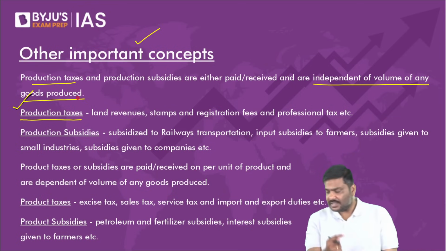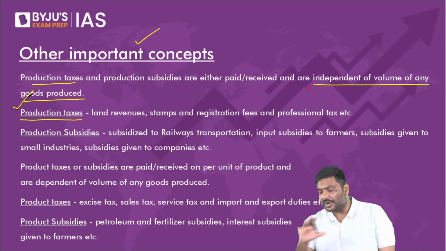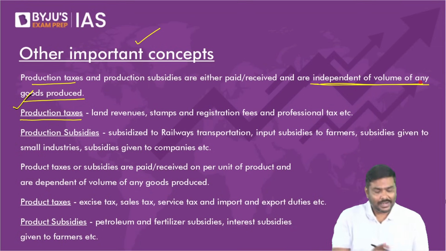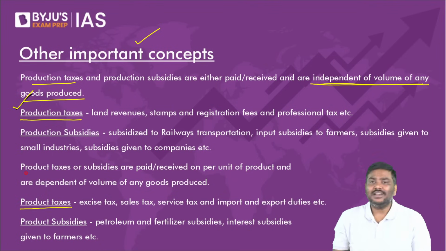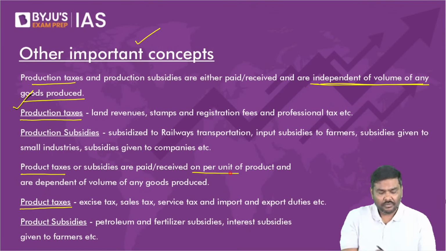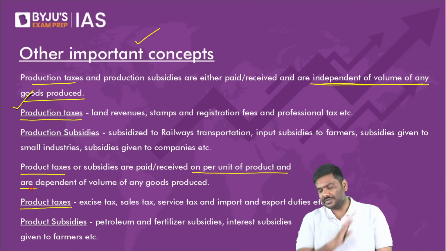Production taxes are independent of volume of goods produced. And product taxes are imposed and collected on per unit, which means these are dependent on volume of goods produced.